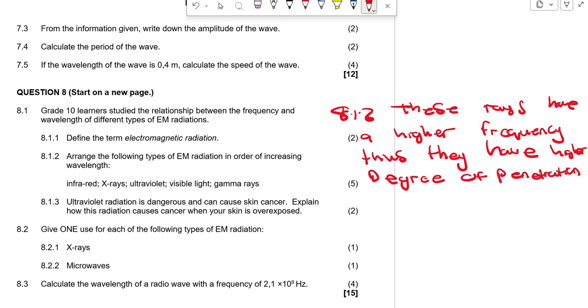Okay, and then give one use of each of the following types of electromagnetic radiation.